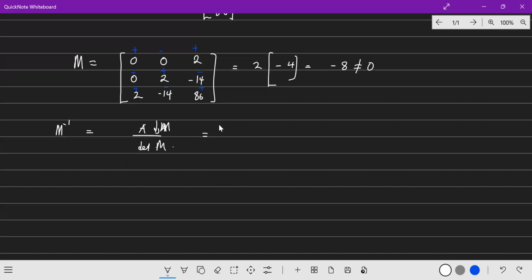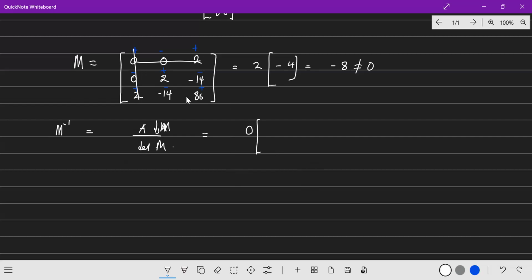Now, let us find the minors for each element, for each small matrix. What do I mean here is this. For me to find the element at this position, I'm going to say, okay, this element 0, I'm going to form a smaller matrix, right? Let me just say 0 multiplied by what? When you cover this, what do you have? You have this multiplied by this, that's by 86.